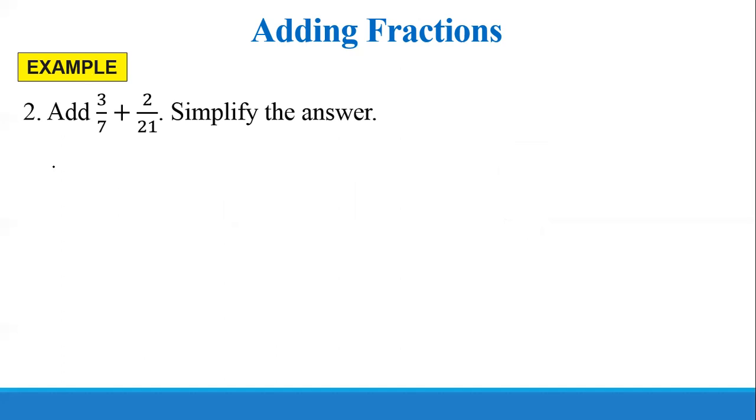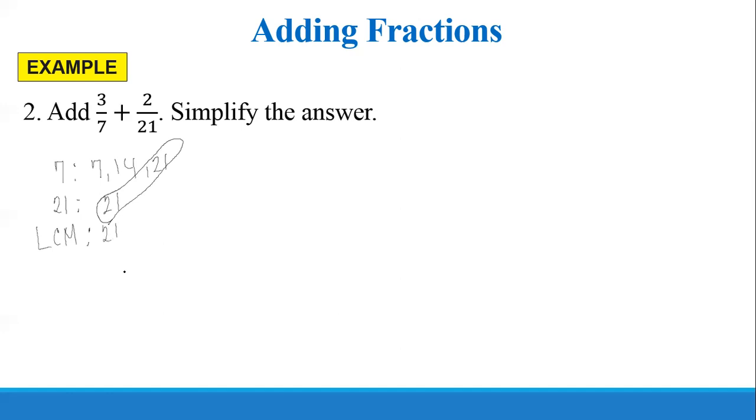So we have to find the LCM of 7 and 21. Okay? So, gusto natin yung multiples ng 7: 7, 14, 21. Ito naman ay 21. Alright. So, wala nang susunod pa dyan aside from 21. So, the LCM of 7 and 21 is 21.